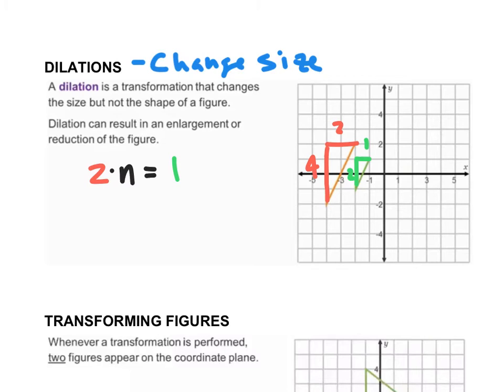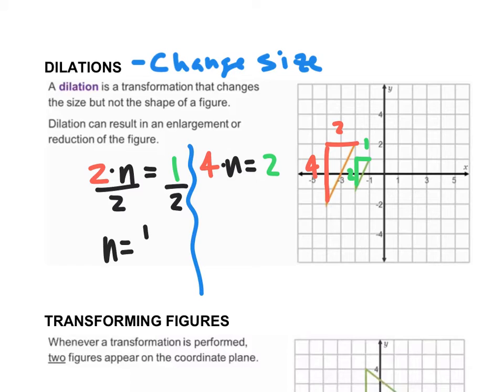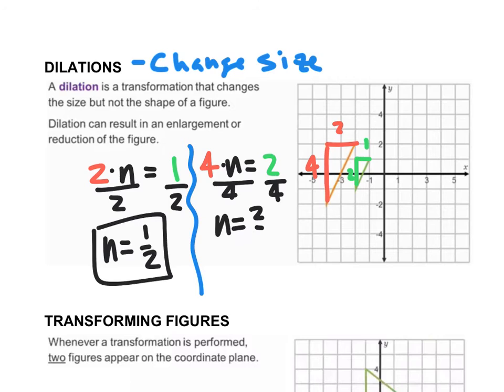Also the same thing happens where we've got 4, multiply that by a scale factor, and that's going to give us 2. So we can solve this equation for n. Divide both sides by 2, and we get that the scale factor is 1/2. Here, if I divide both sides by 4, I get n equals 2 over 4, which is 1/2 if we simplify that fraction.